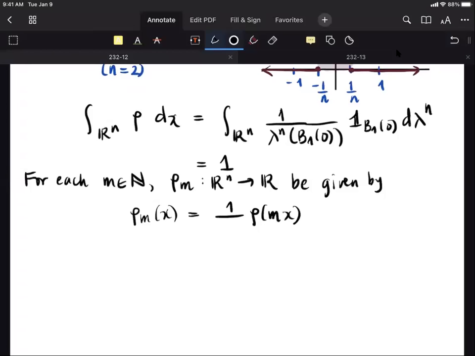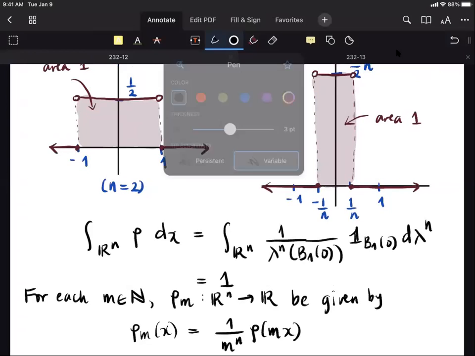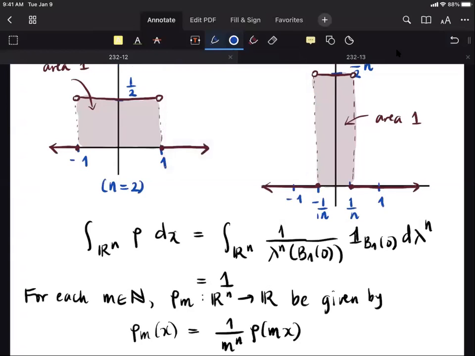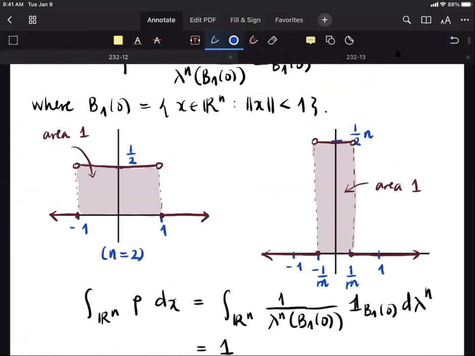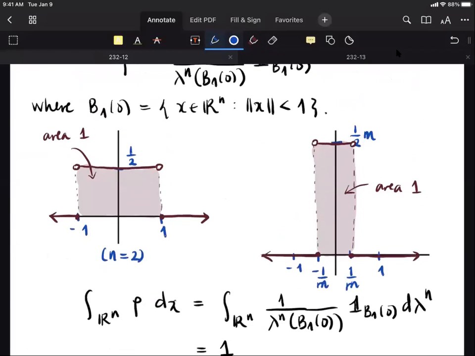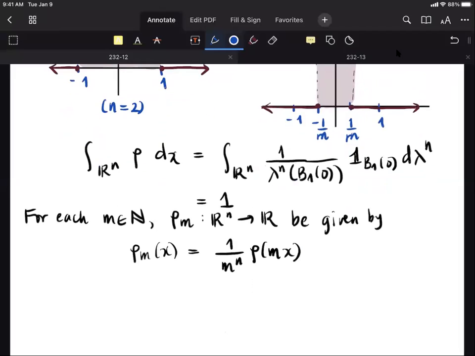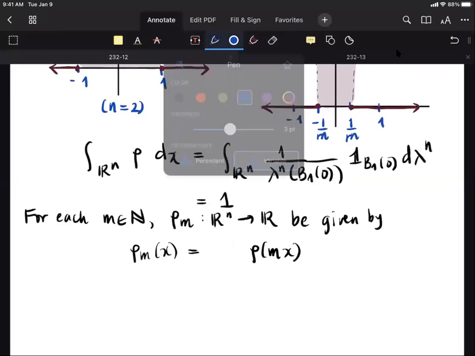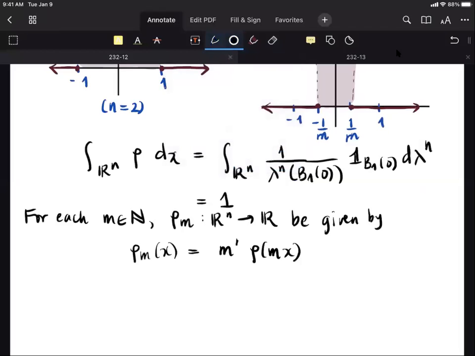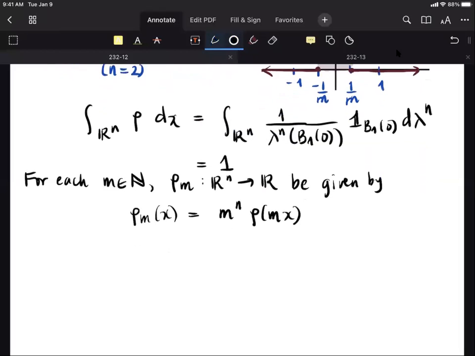Now we need to scale this, so we have m to the n. So I should have a factor m to the n. So in n dimensions, we need to scale each height by m to the n, or each dimension by m.